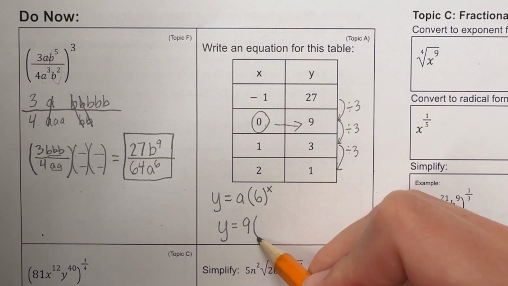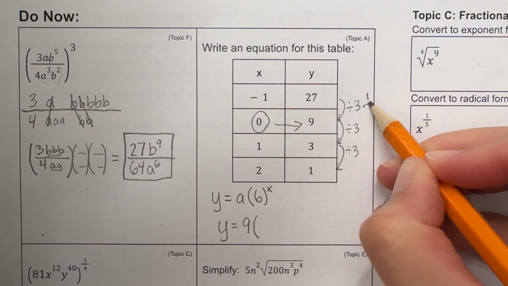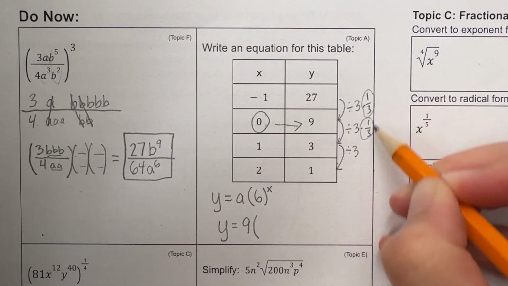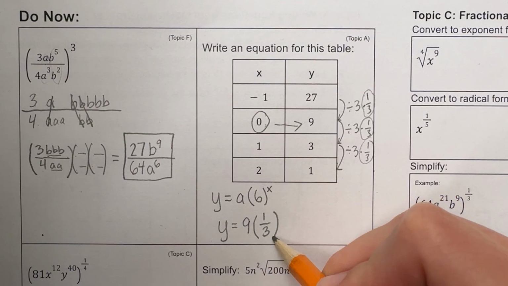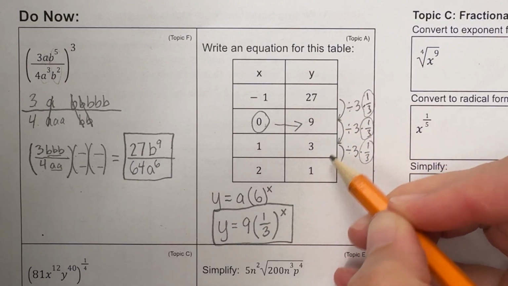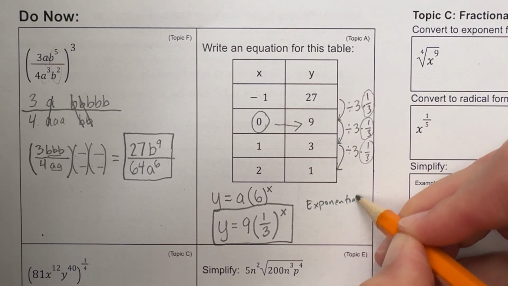And then I'm dividing by 3, which is the same as times 1/3. I'm multiplying by 1/3, so that is this to the power of x. And in terms of change, as soon as I saw it was division, this was exponential decay.